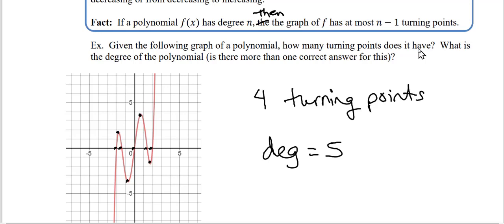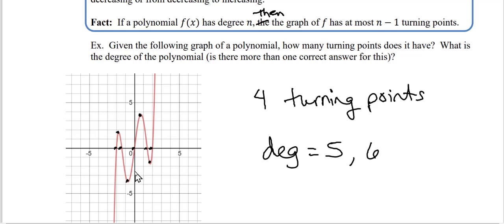The problem here is that this can't have degree 6 because if it did, one of these x-intercepts would have to have multiplicity of 2, right? So if we had degree 6, let's write that down for a second. That means with these 5 x-intercepts, that 6th one has to come from somewhere. So when you add up all the multiplicities, it has to add up to the degree.